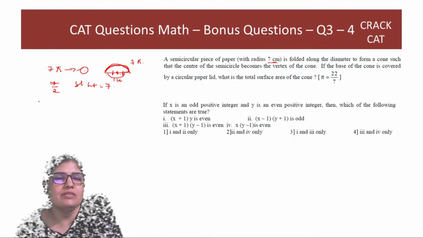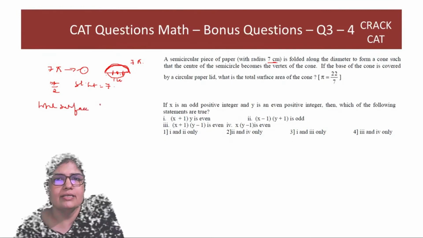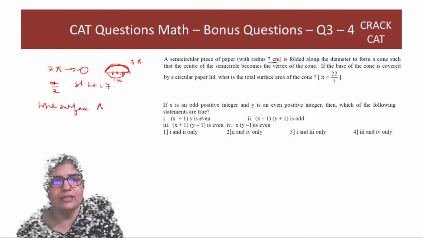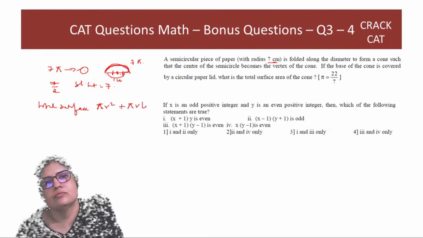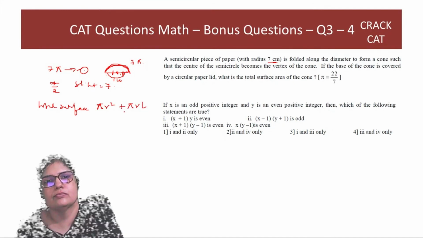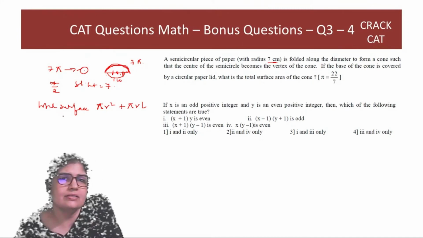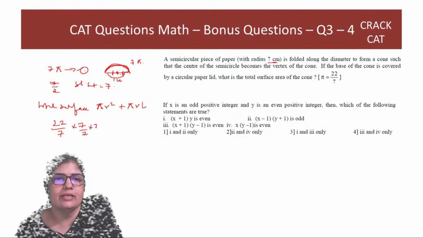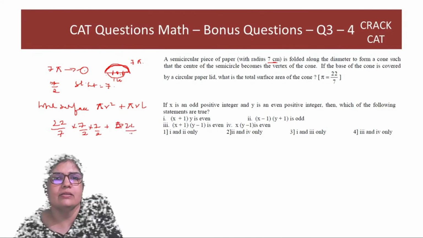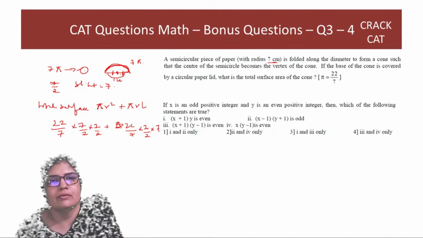Now what is the total surface area? Total surface area is, for a cone, pi r square plus pi r l. Hence 22/7 into 7/2, because that's the radius, and the slant height is 22/7 into 7/2 into 7.